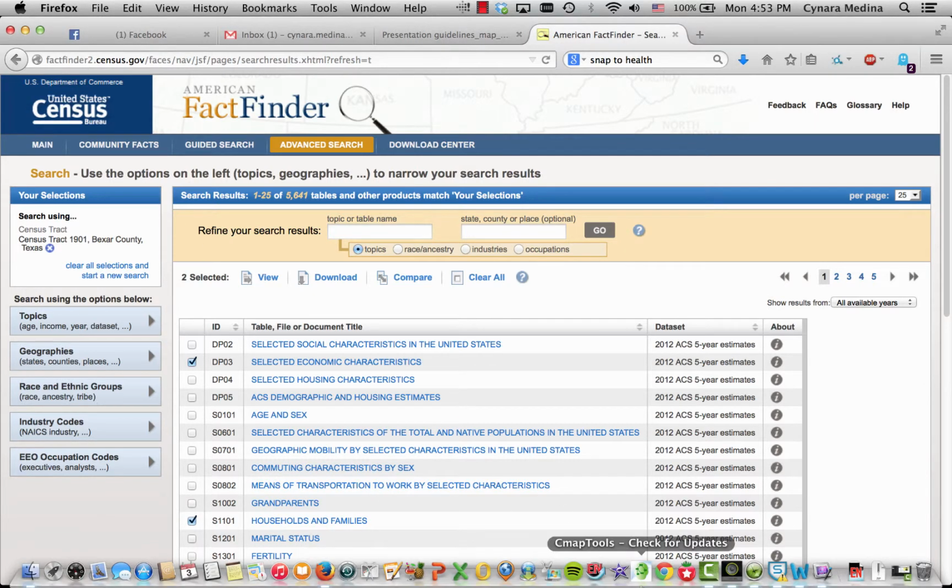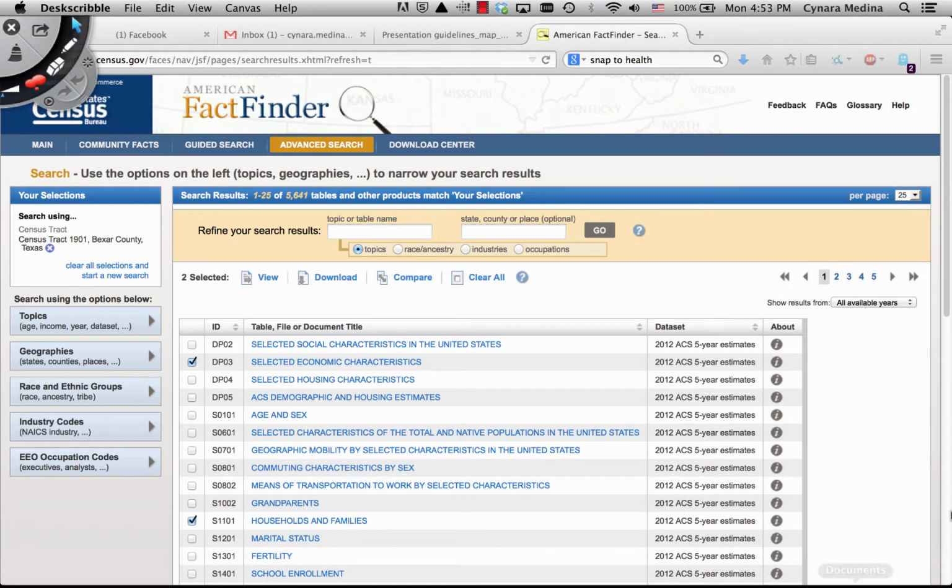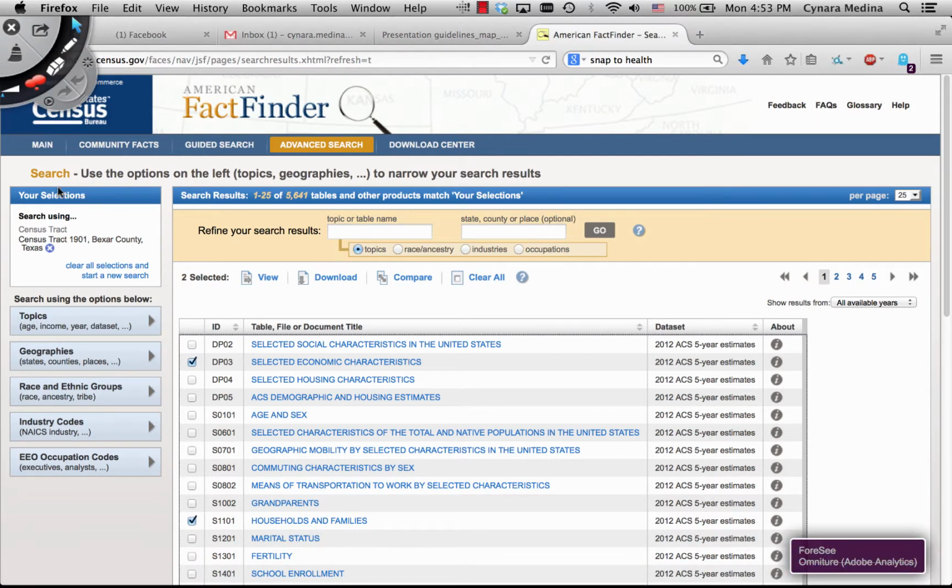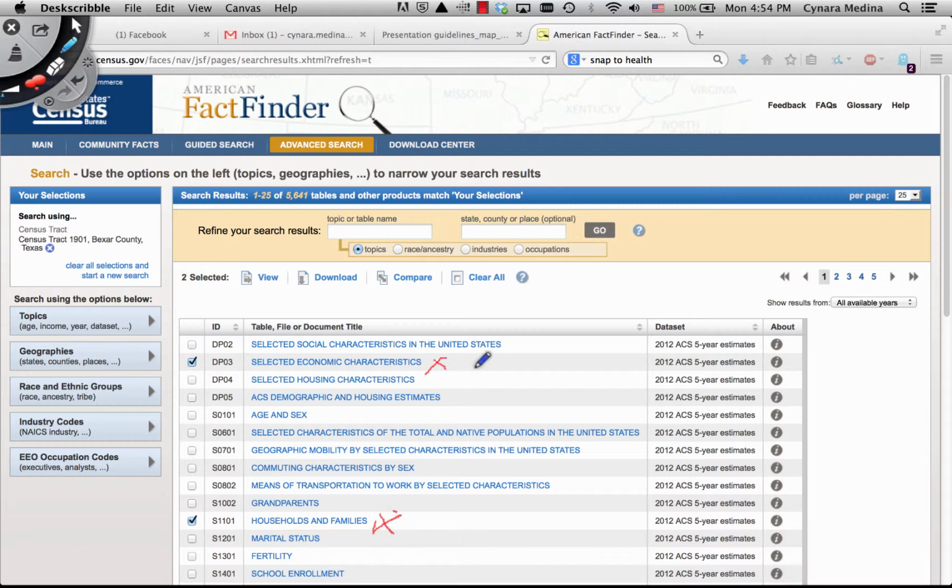One of them is selected economic characteristics. So you need this table here, and you need this table here, households and families.